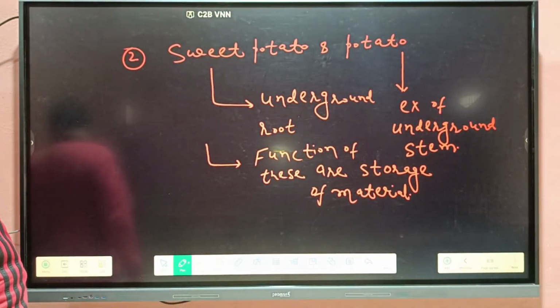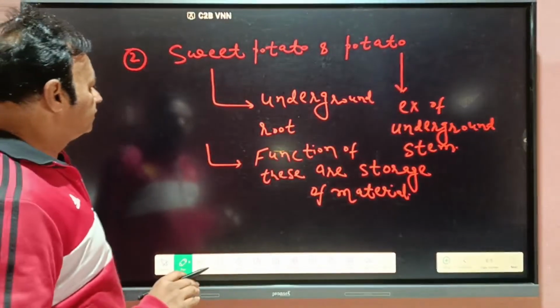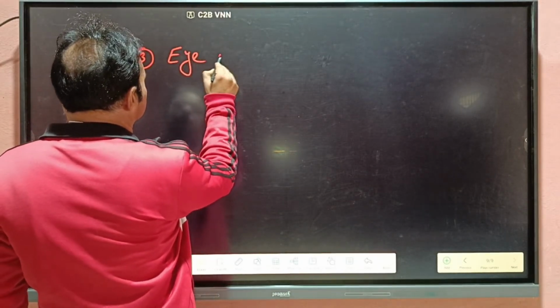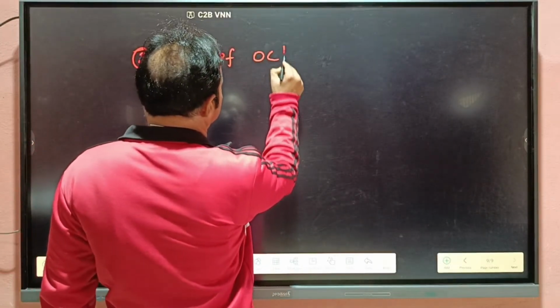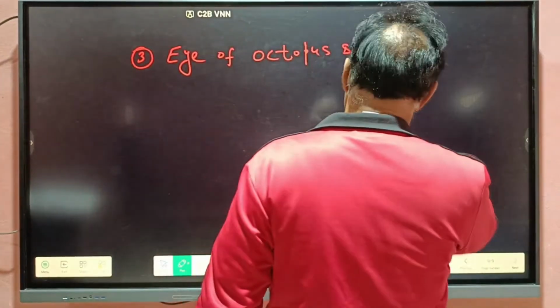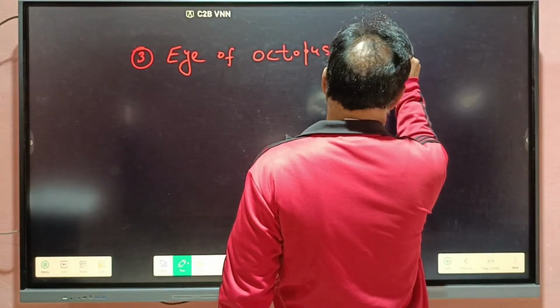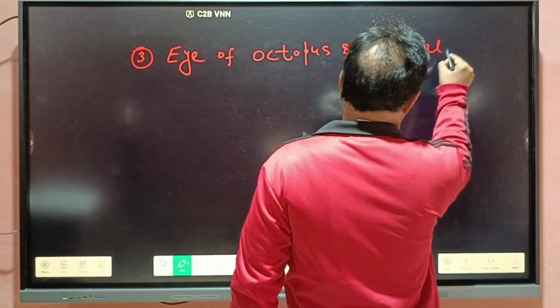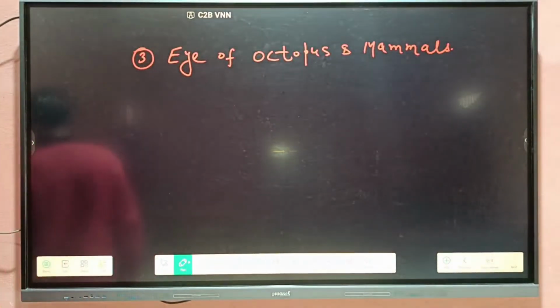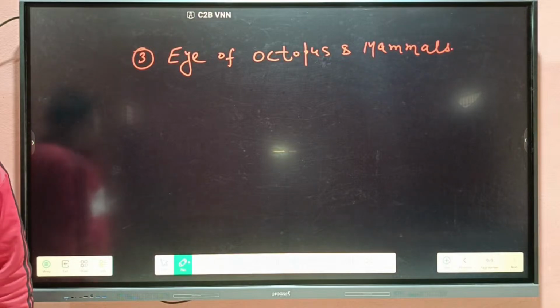The third example is the eye of octopus and mammals. They have different structure.